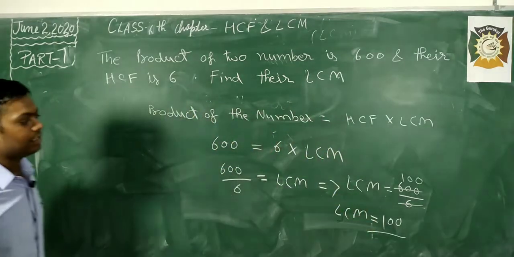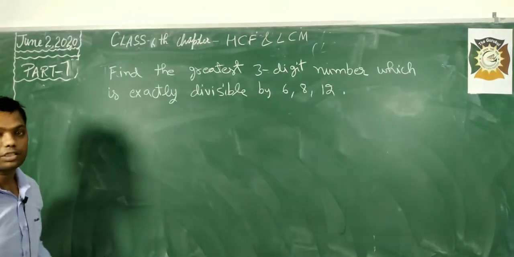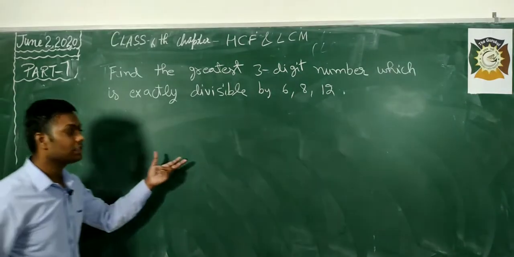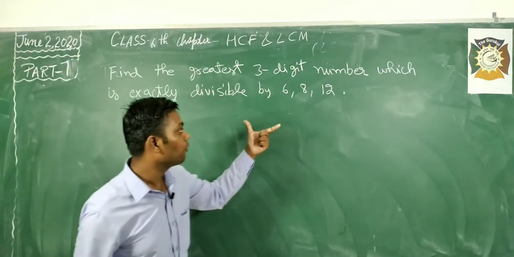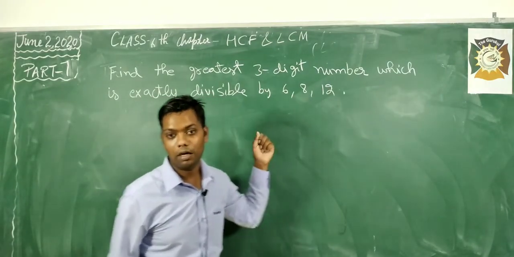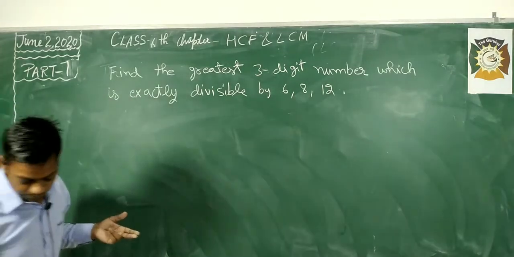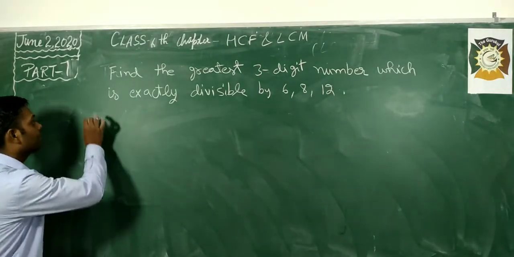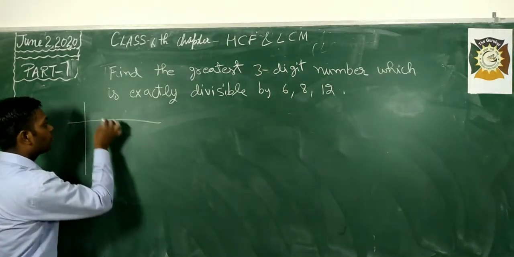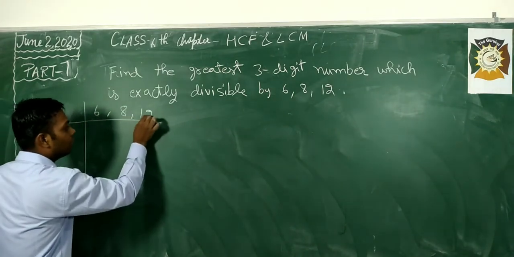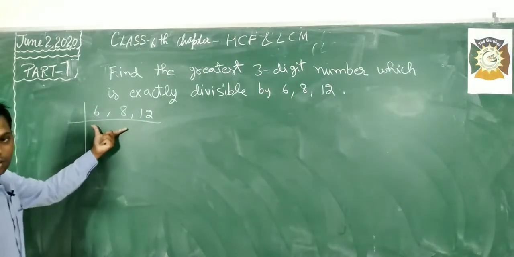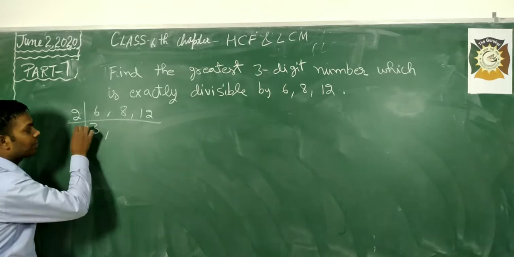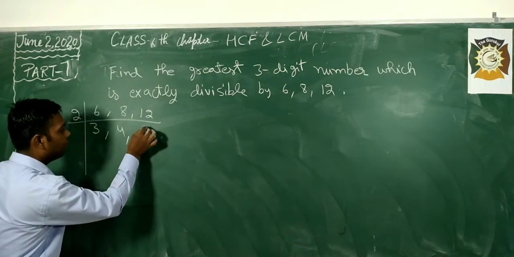The last question is: find the greatest 3-digit number which is exactly divisible by 6, 8 and 12. So first we have to find the LCM of these three numbers, by the short division or common division method. 6, 8, 12: all three are even numbers, so divide by 2.